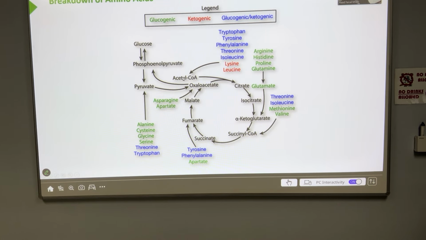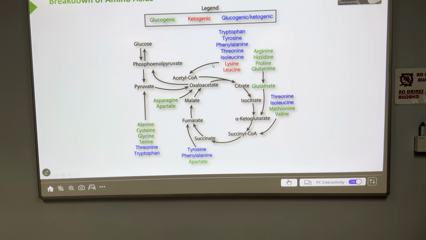It converts them to acetyl-CoA, then shuttles the acetyl-CoA into the Krebs cycle, and the Krebs cycle is going to shuffle and cause the metabolism, and then finally convert oxaloacetate into phosphoenol pyruvate, and then we can convert it into glucose, we can convert it into pyruvate.